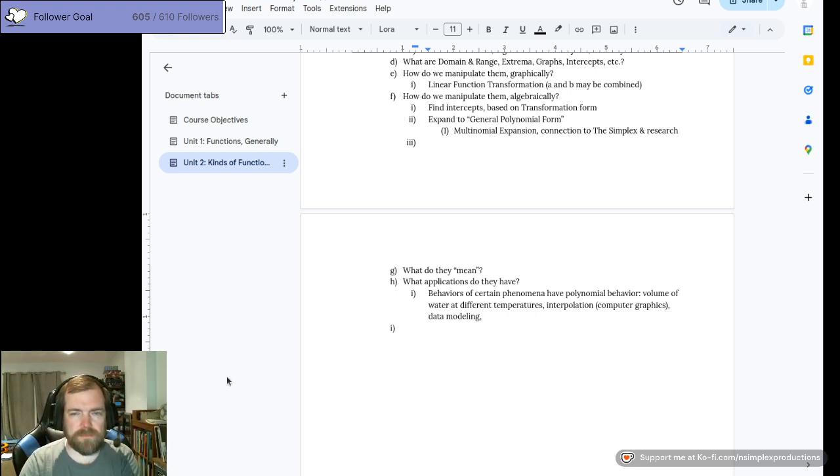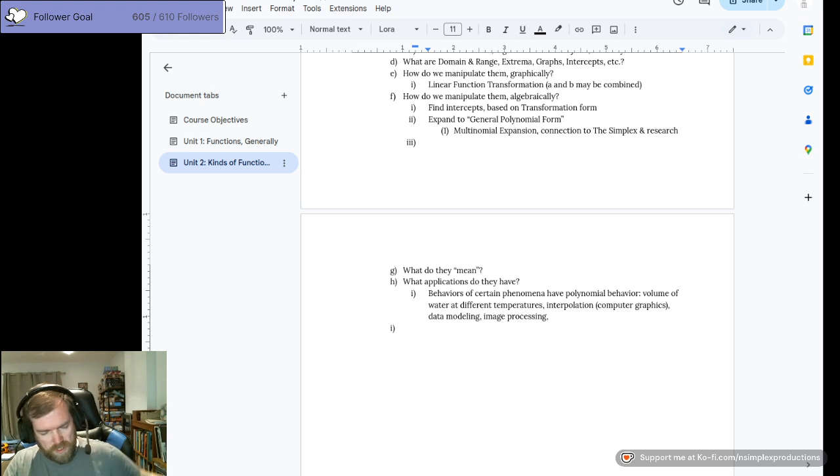Oh, that's right. Image processing. So if you were to do some interpolation on a particular picture, whatever your photo manipulation software is, you can zoom in on a certain area and use a polynomial transformation in order to make the area become more smoothly colored instead of being more pixelated.